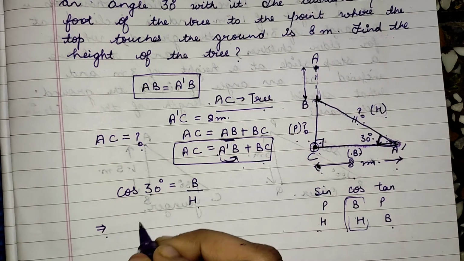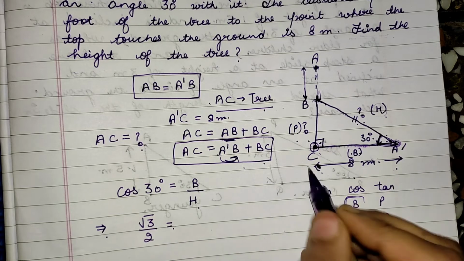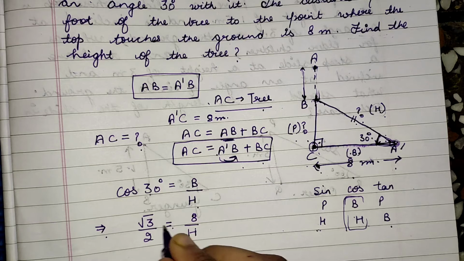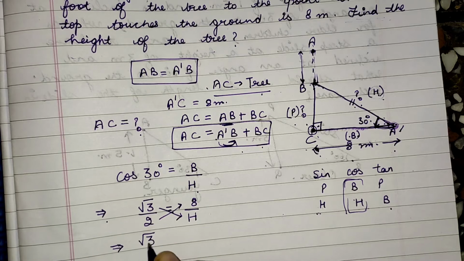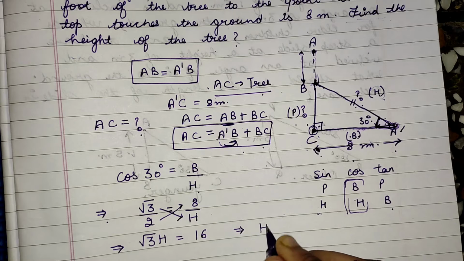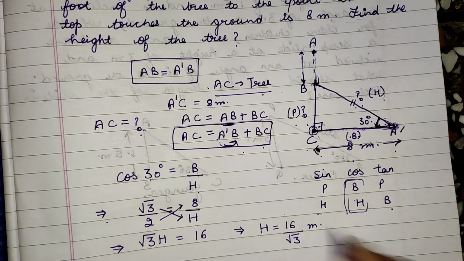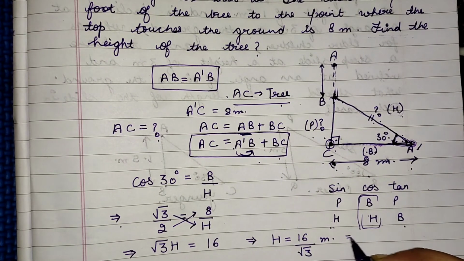So cos 30 is what? Cos 30 is my root 3 by 2. Base is what? Base is my 8 and hypotenuse I have to find out. And if you will do cross multiplication, then you will get root 3 h is equal to 16. So h will be equal to 16 by root 3 meter. Okay, so try not to leave root value in your denominator.